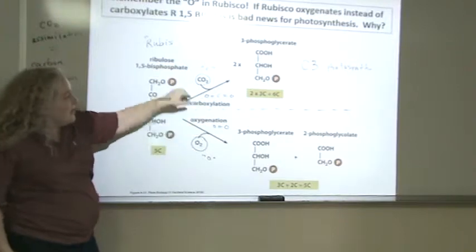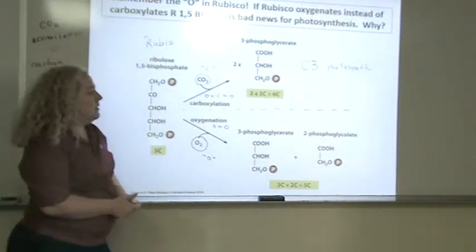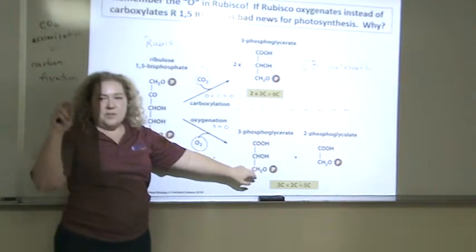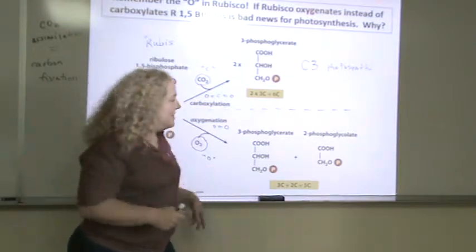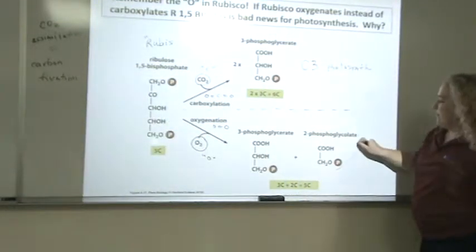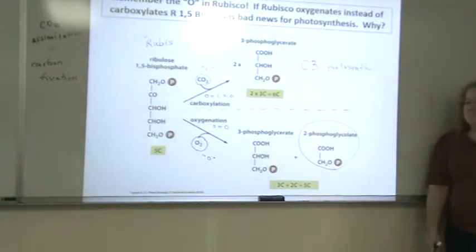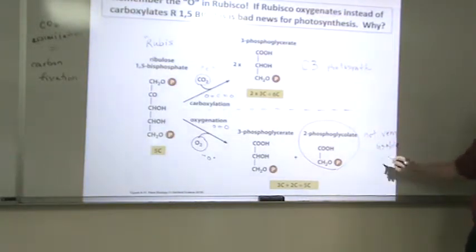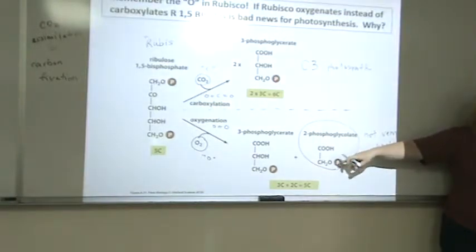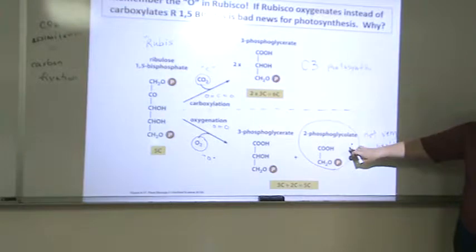So if we have oxygen adding on to a 5-carbon molecule, you get one of the correct thing, 3-phosphoglycerate, same as up here. But then you get this other 2-carbon molecule. And this one is not very usable by the plant. We formed something, we have not fixed carbon. This is not something that's very valuable for the plant. So if this is one of the byproducts, this is a problem for the plant.